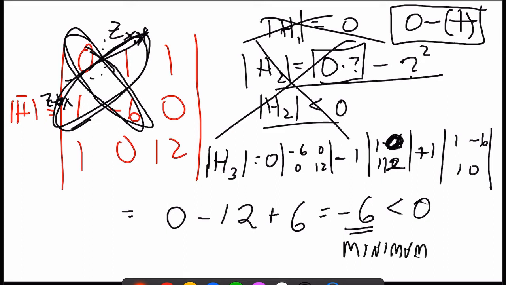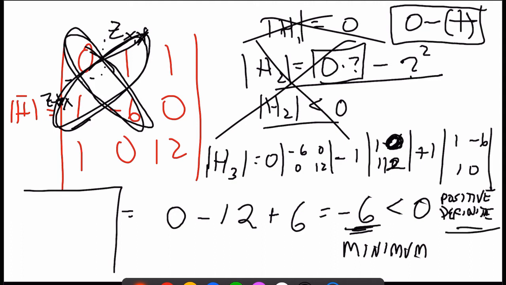Now, funny, the fact that this is negative means the matrix is positive definite. I know that screws with your mind. The negative is positive definite, but this is a minimum. We haven't maximized the function.